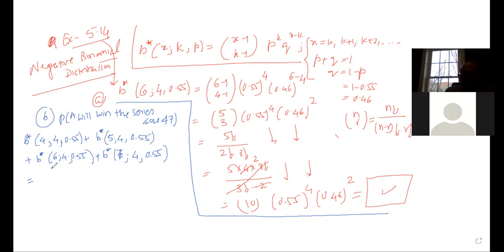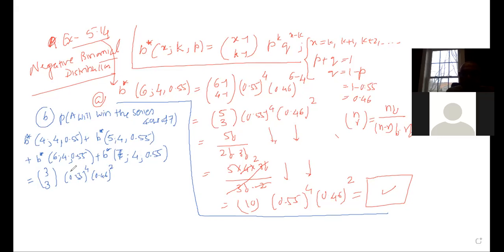I don't want to go through all these things, but it is exactly the same. Look over here, 6 minus 1 and 4 minus 1. So here 4 minus 1 is 3 and 4 minus 1 is 3. And here it is 0.55 to the power 4. So naturally 0.46 to the power 2.